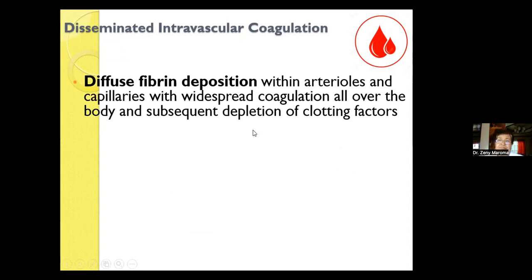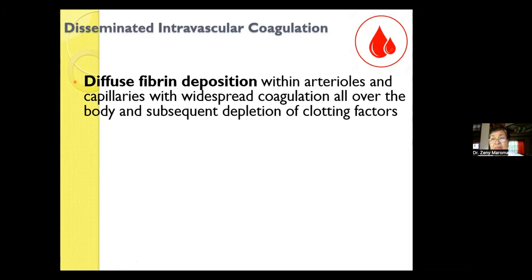Ibig sabihin, maraming blood clot sa mga blood vessels, cerebral artery, coronary artery, renal artery, marami, widespread coagulation. Nagamit ng mas mabilis ang clotting factors. Kumbaga, out of supply na ang clotting factors.